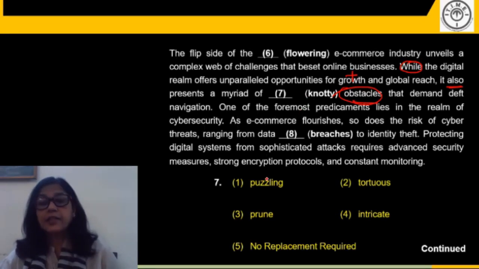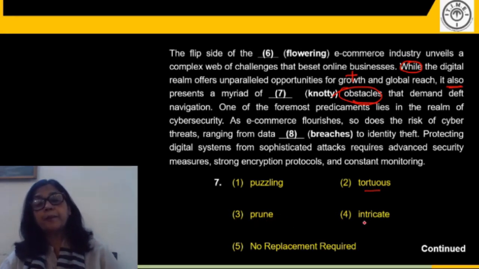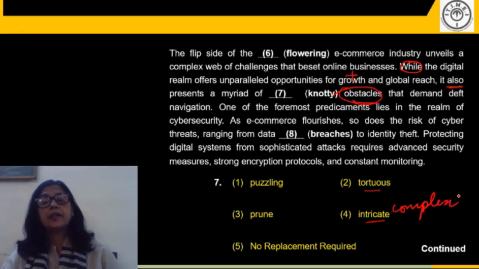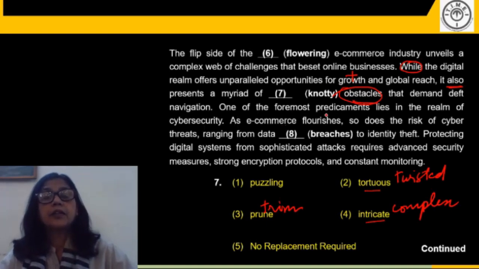Puzzling, unable to understand. Yes, then tortuous. Tortuous is something that is again twisted. Prune means to trim. Intricate is complex. So let us read it again.